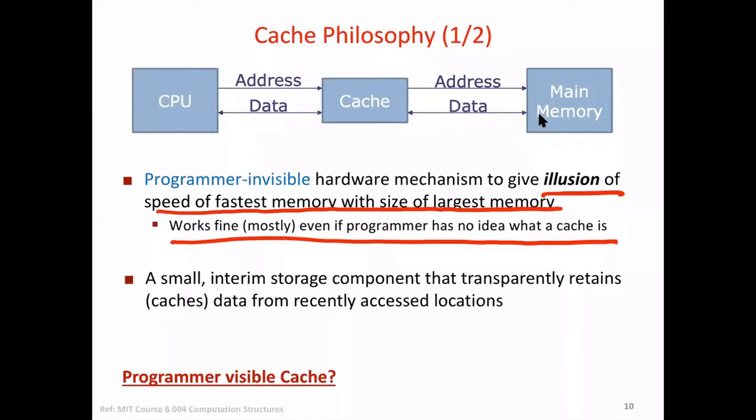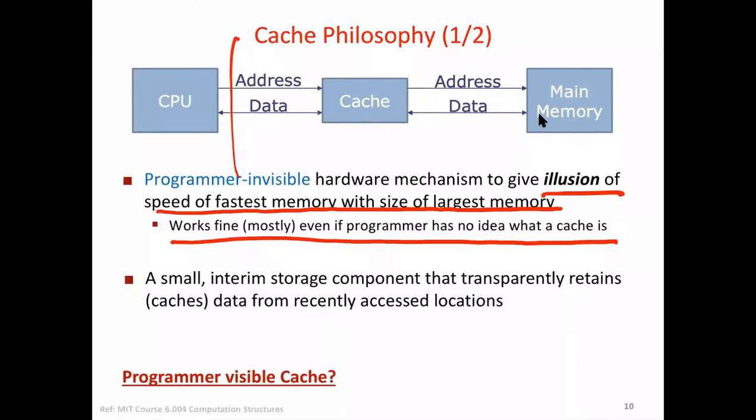So all this is invisible to the programmer. In general, I don't care what's happening. Even when I write programs, I don't know. Only yesterday I saw how many levels of cache I have in my laptop.